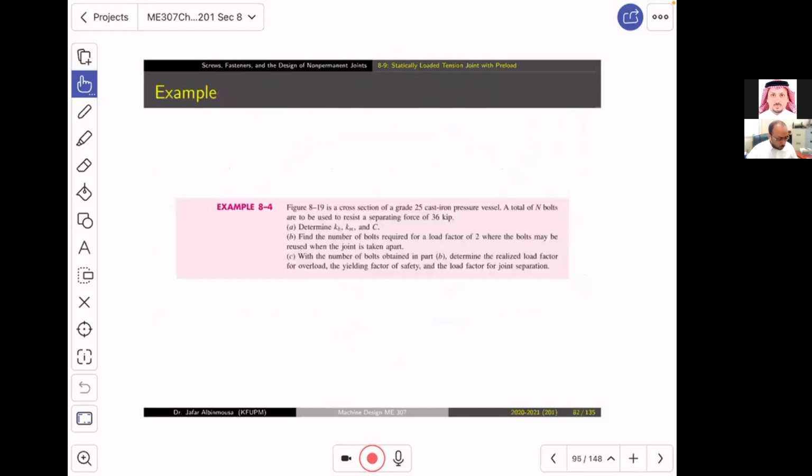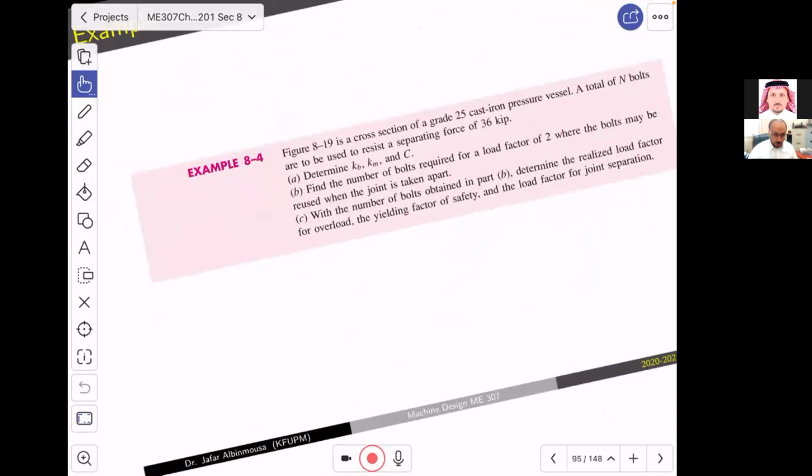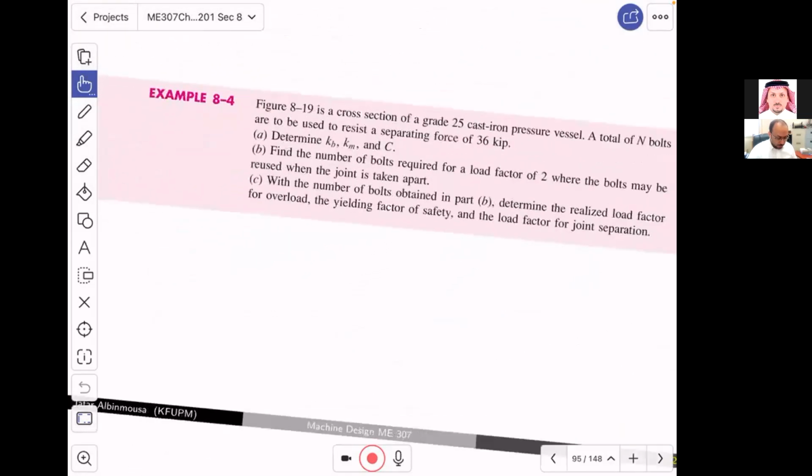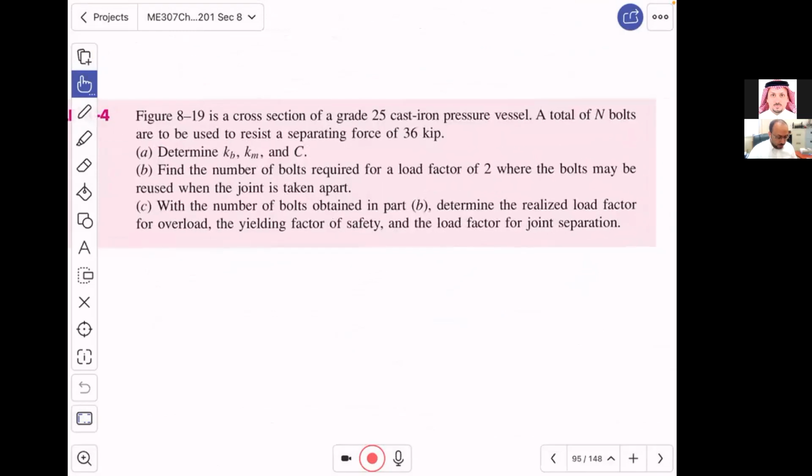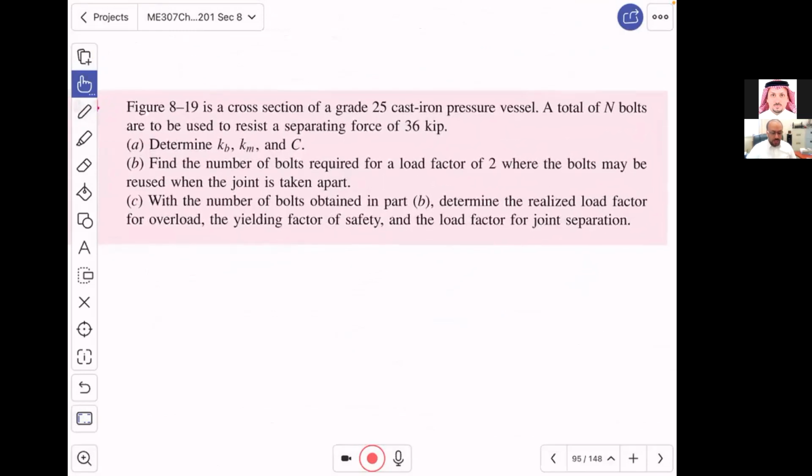Now, what we are going to do next is talk about this problem. I'm going to show you the figure later. In this problem, we have a pressure vessel that is bolted. The vessel itself is made of grade 25 cast iron, which you can see in table A24.